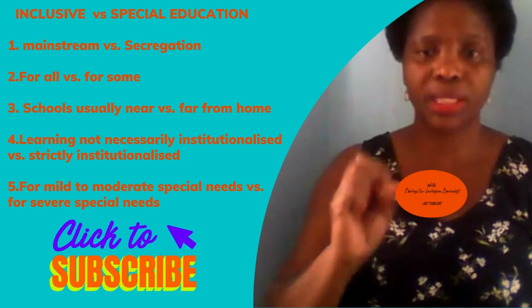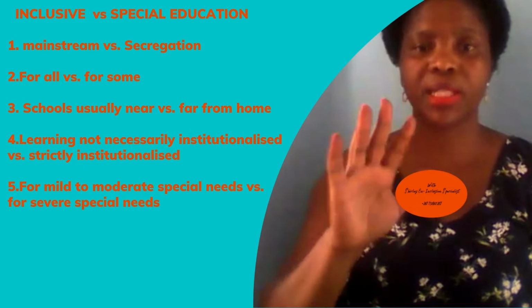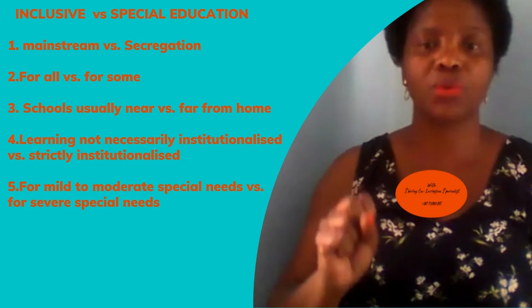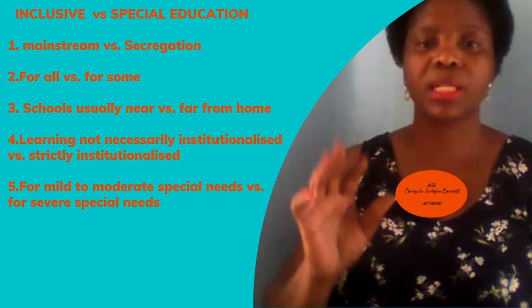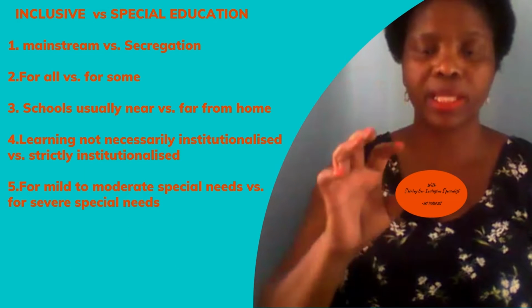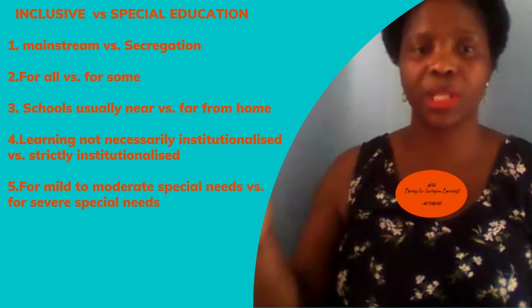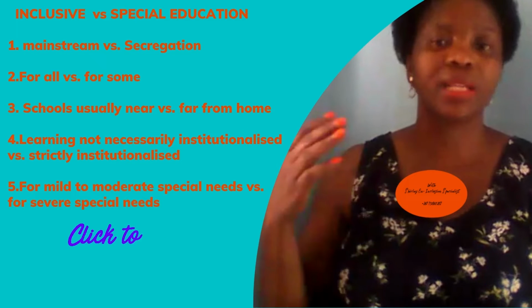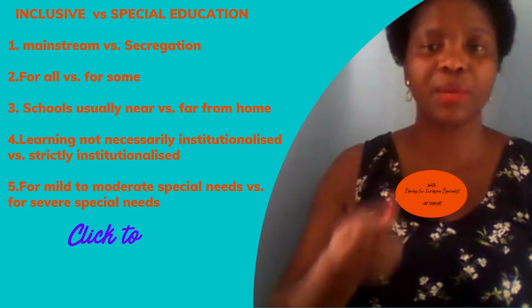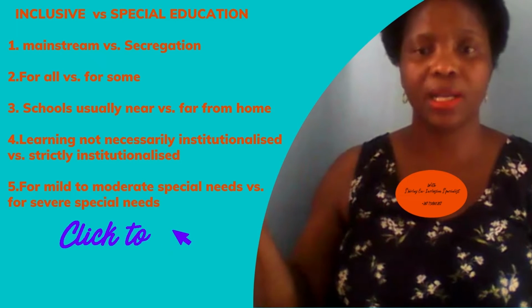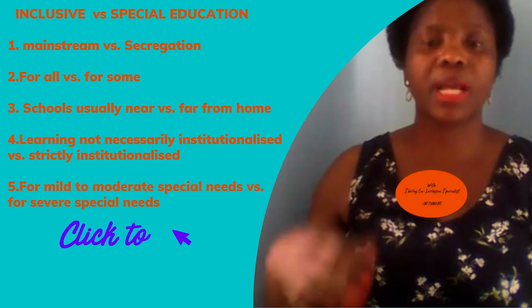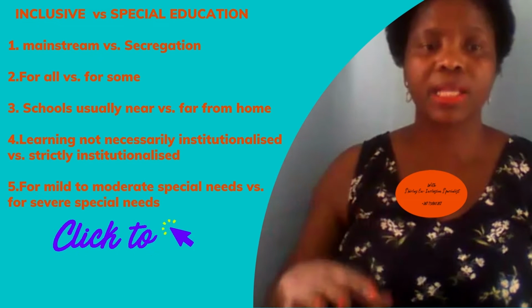In inclusive education, all students attend that particular school. All students, those with disabilities and those without, or we can say those who are disabled and those who are non-disabled, attend same schools.